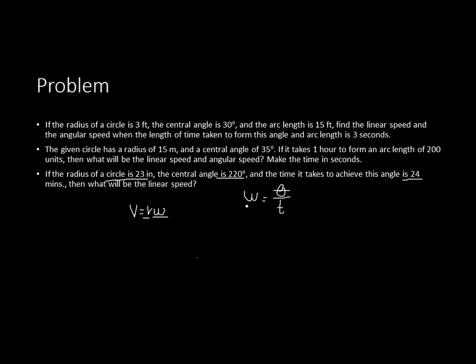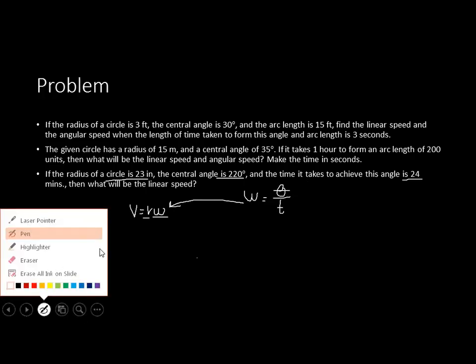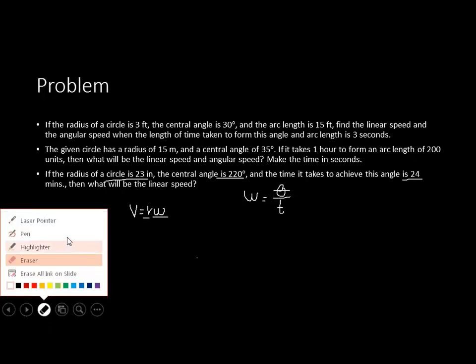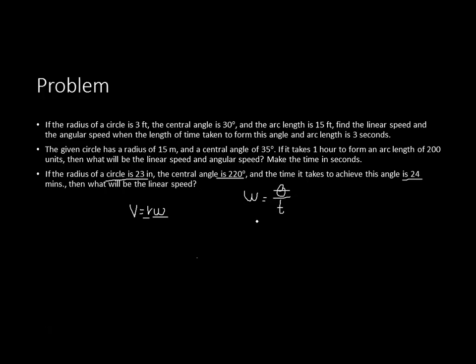Then whatever my result is, I'm going to substitute it here, then multiply by the radius, then I get my linear speed. So we must find the angular speed so that we can substitute it here, then multiply by the radius to find our linear speed.